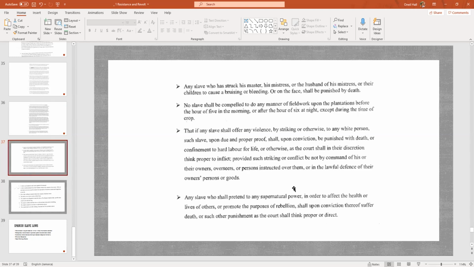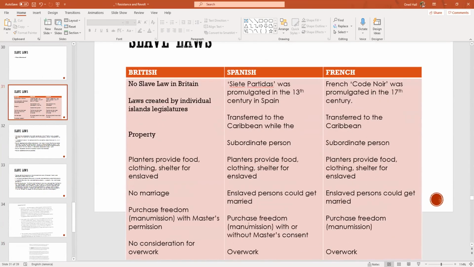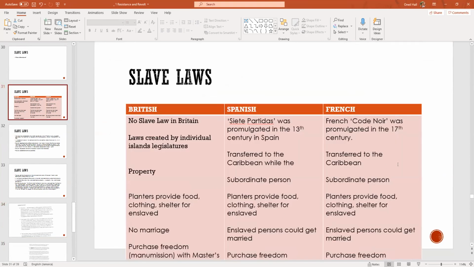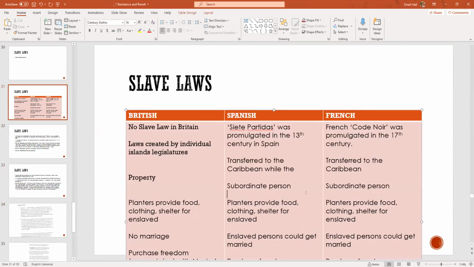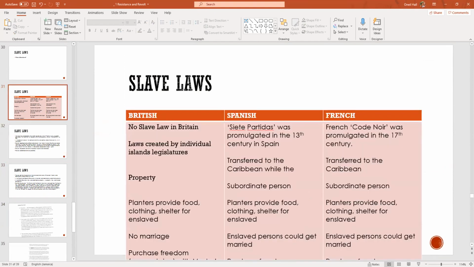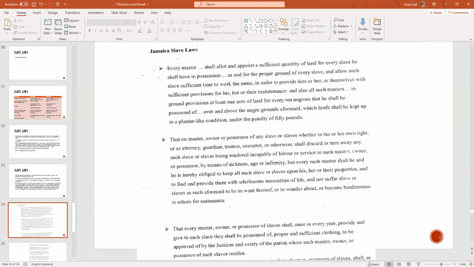When you hear the word supernatural power, what do you think that they're talking about? Gods. Obeah, witchcraft. Obeah, yes, they're afraid. They're afraid people obey them. That was the reason.